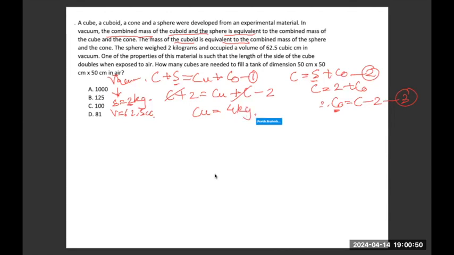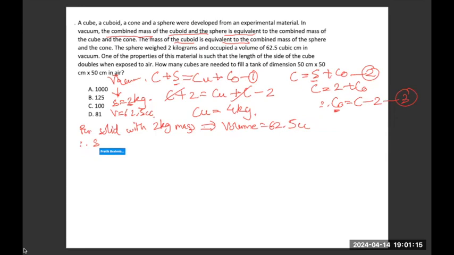Now we know that for solid with 2 kilo mass, volume आपको दिया है उसका. Volume is 62.5 cc.